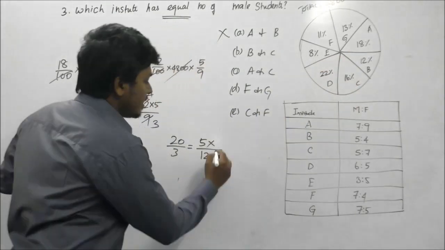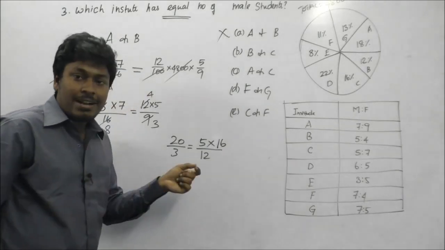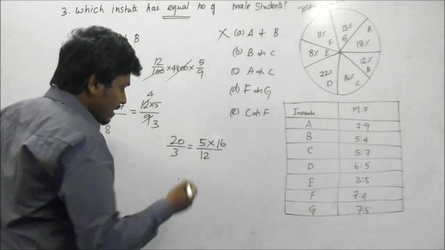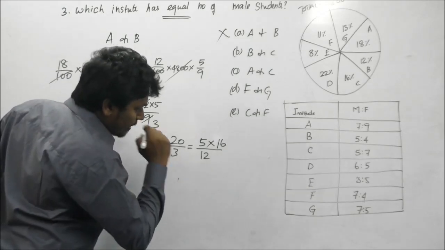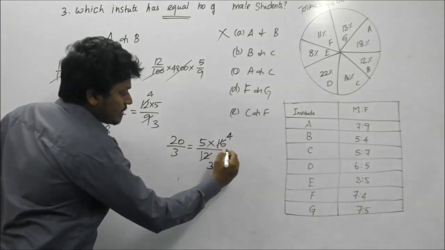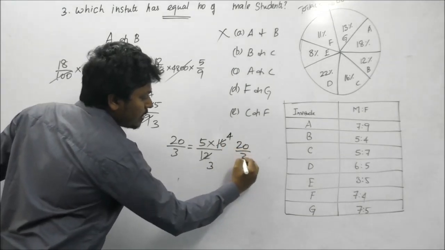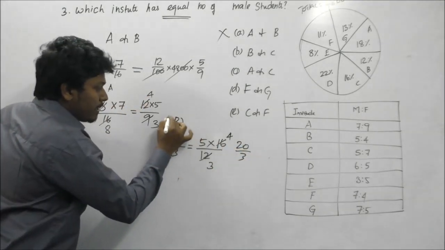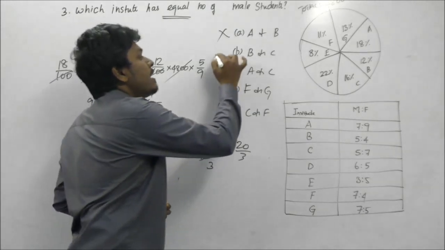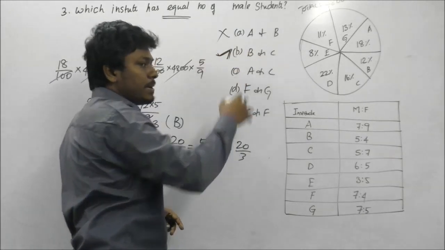C percentage is 16. Don't go for 100, because the 100 and 4800 get cancelled in every equation. So we can calculate it: with the 4 table, 4 3s are 12 and 4 4s are 16. Similarly, we got 5 4s are 20 by 3. See here, for B we got 20 by 3 and for C we got 20 by 3. Then we can clearly say that B and C satisfy, which is an equal number of males.